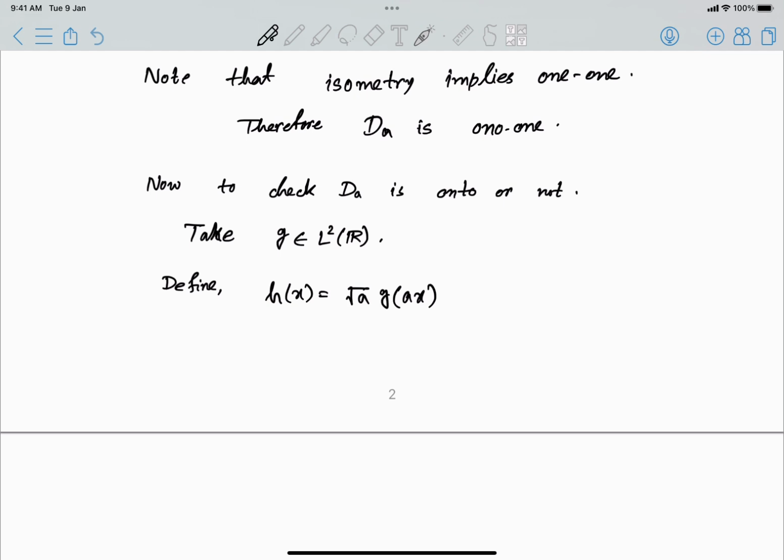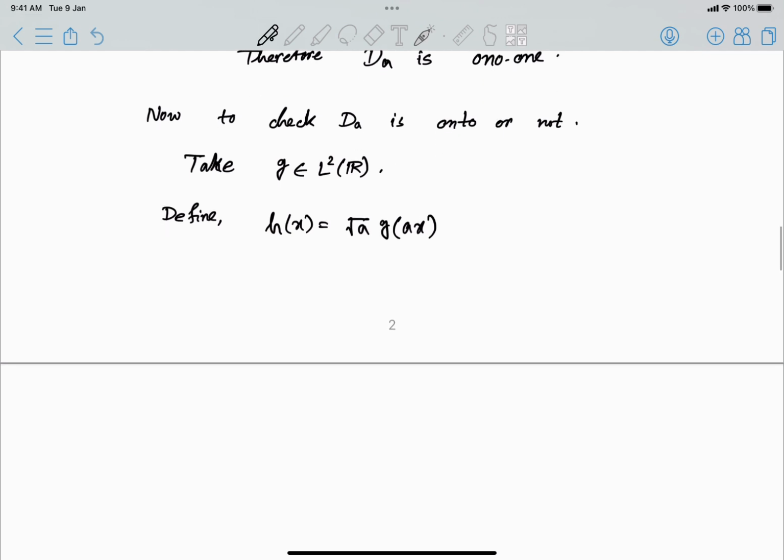So now we will show that h is in L2 and under dA, h will map to g. So first note that, why h is in L2.